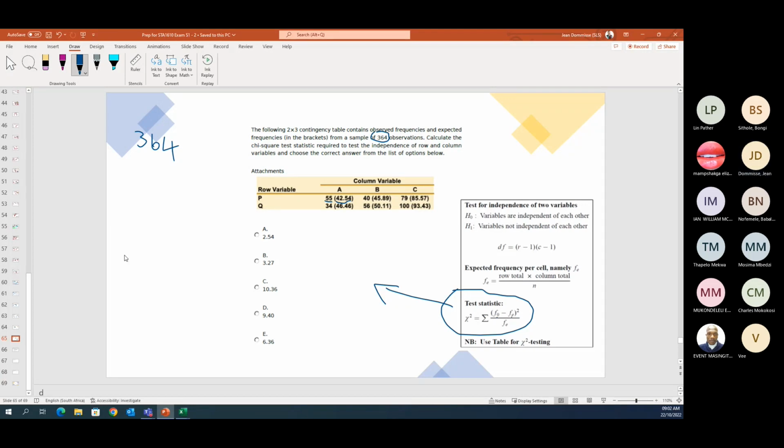So we can do it on a calculator. Then you would basically have to do this.